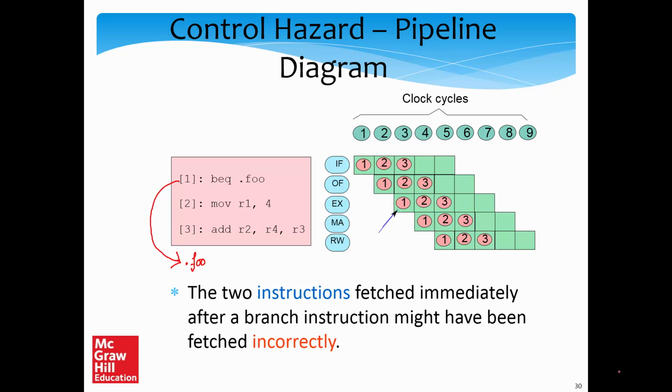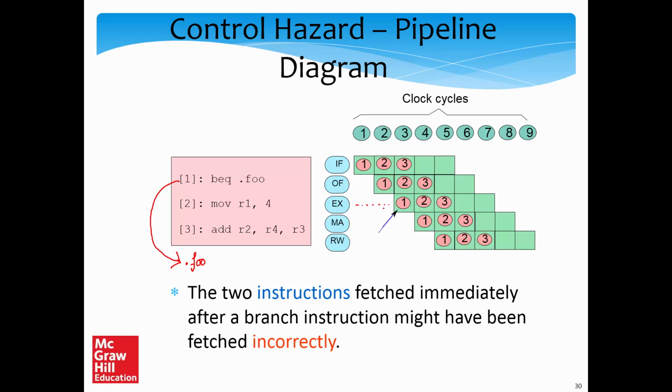Instruction 1 essentially does not stop. In every subsequent cycle it moves from one stage to the other. But the important point is in cycle number 3. In cycle number 3, a decision is made whether the branch is taken or not, because in cycle 3, instruction 1 is in the EX stage.